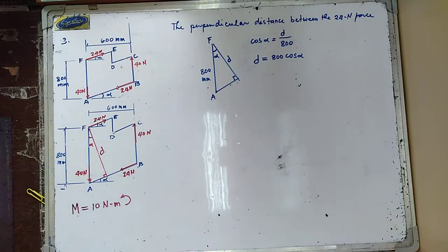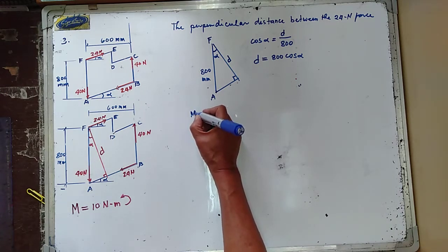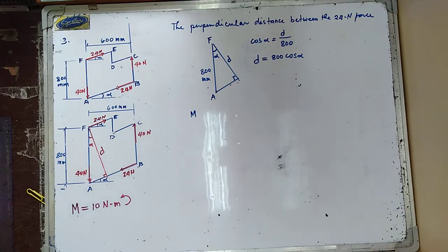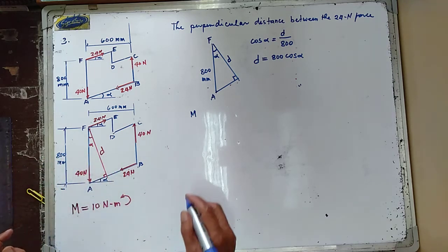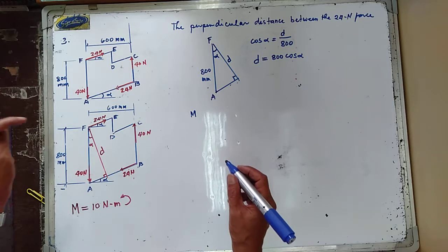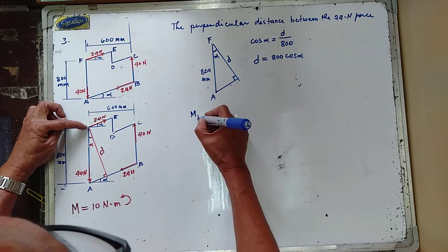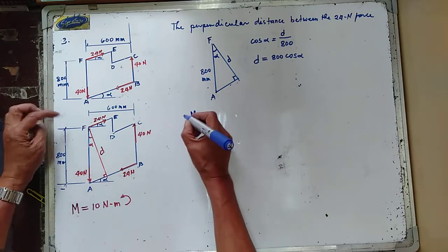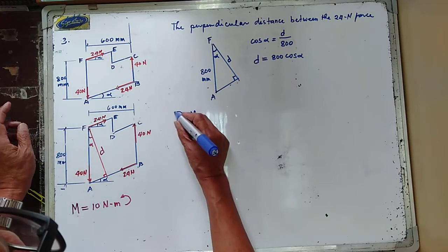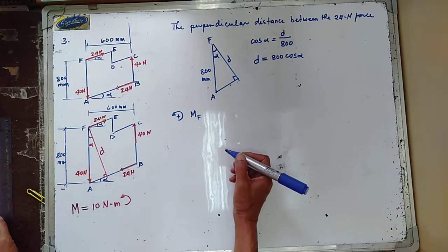Let us now get the moment of the couple. Let's get the moment about point F, considering counterclockwise moment to be positive.